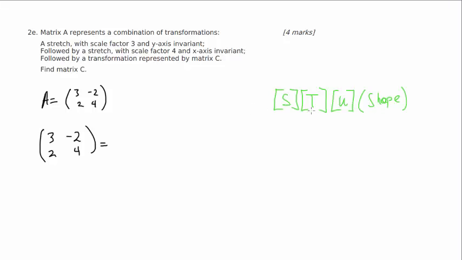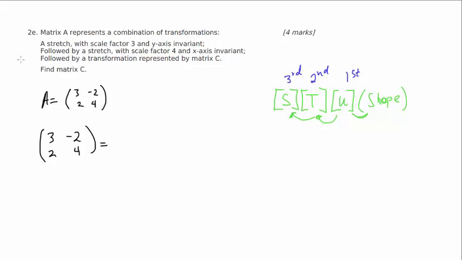The order that I do these matrices is what's closest to the shape, and so essentially going from the right, getting an answer, and then multiplying with matrix T, and then S. So if we think about it, what we're really saying is that U came first, followed by T, followed by S.